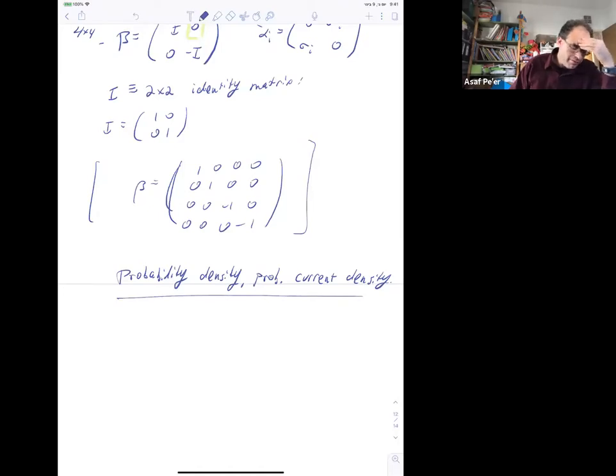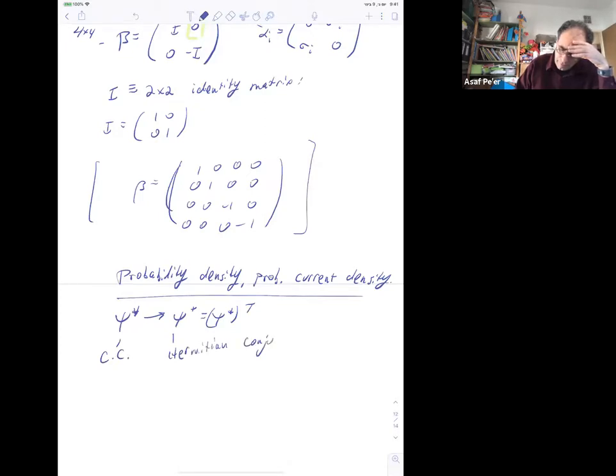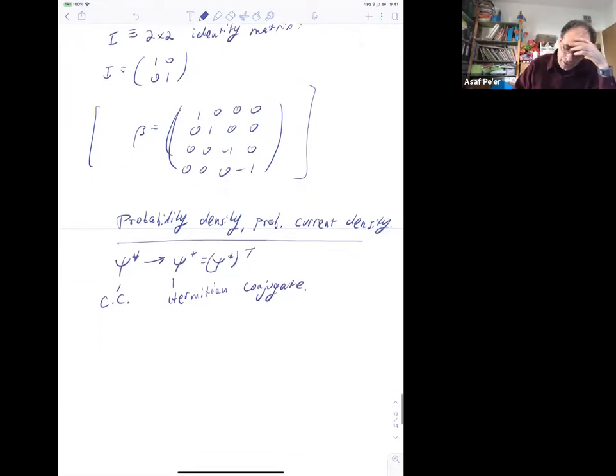Of course, now we have a wave function that is a 4-component spinor, so we cannot simply take a complex conjugate, rather we have to take the Hermitian conjugate. So rather than complex conjugate psi star, we go to Hermitian conjugate psi dagger, which is the transpose of psi star. So the Hermitian conjugate of the Dirac equation.